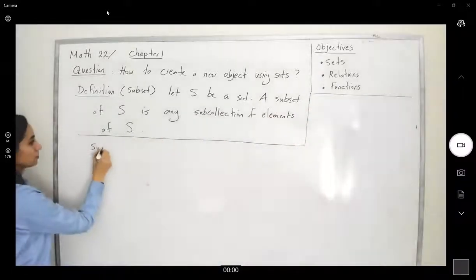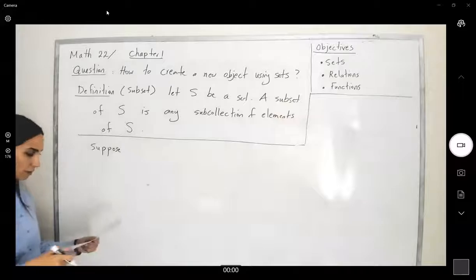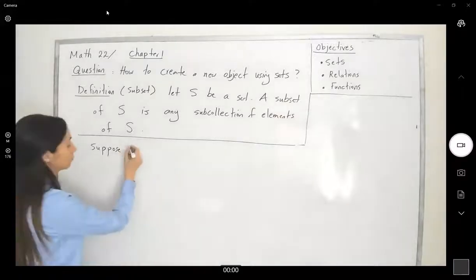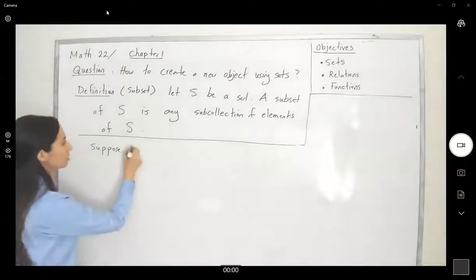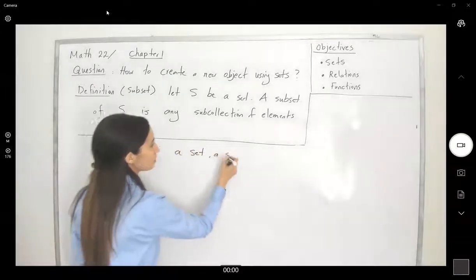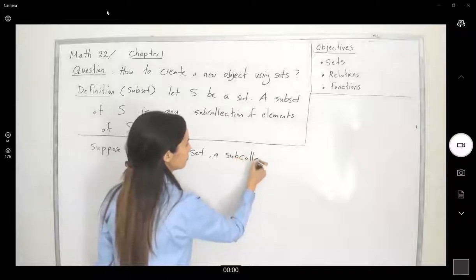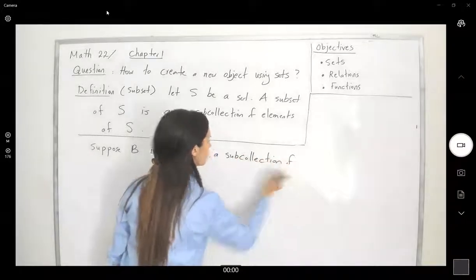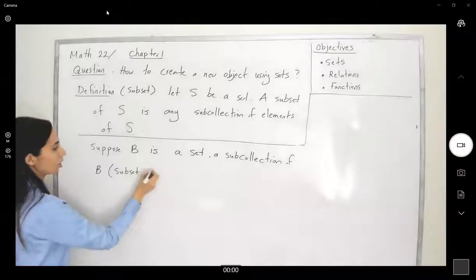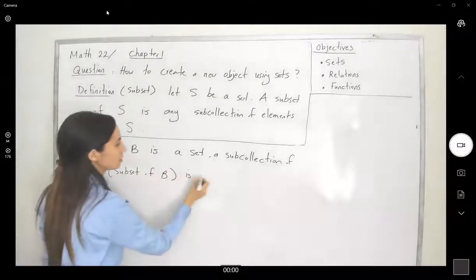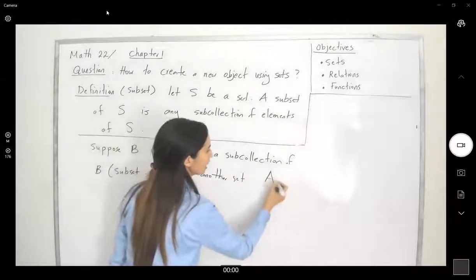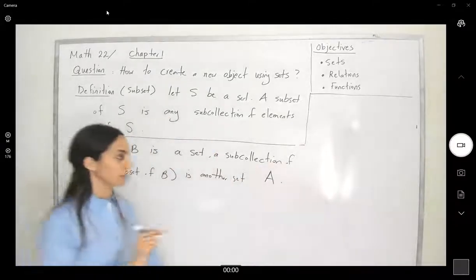So suppose A is a set. Let us work with B to follow the note. Suppose B is a set, a subcollection of B, or a subset of B, is another set, like A. We denote it this way.